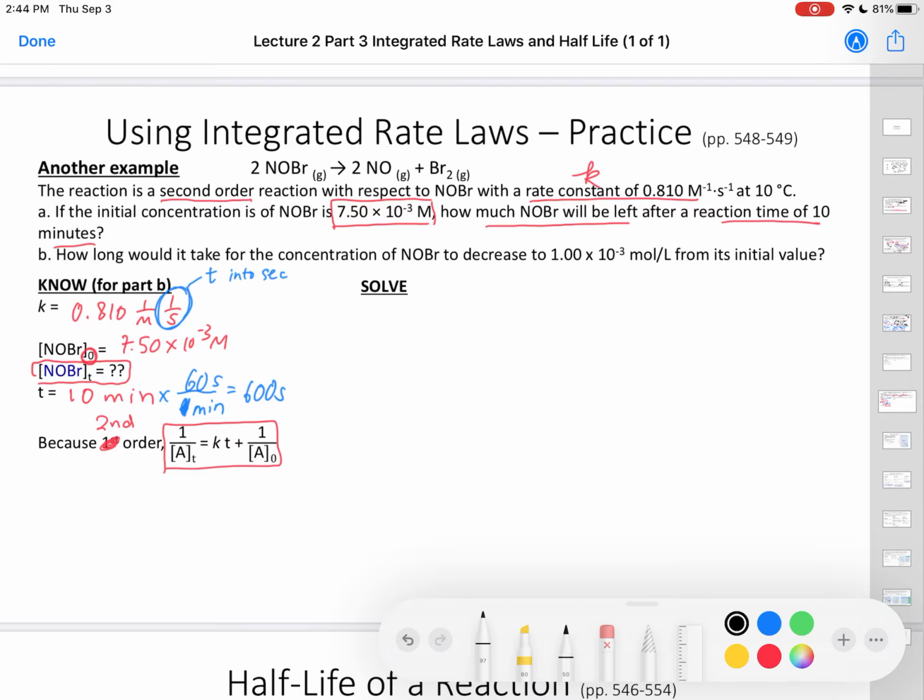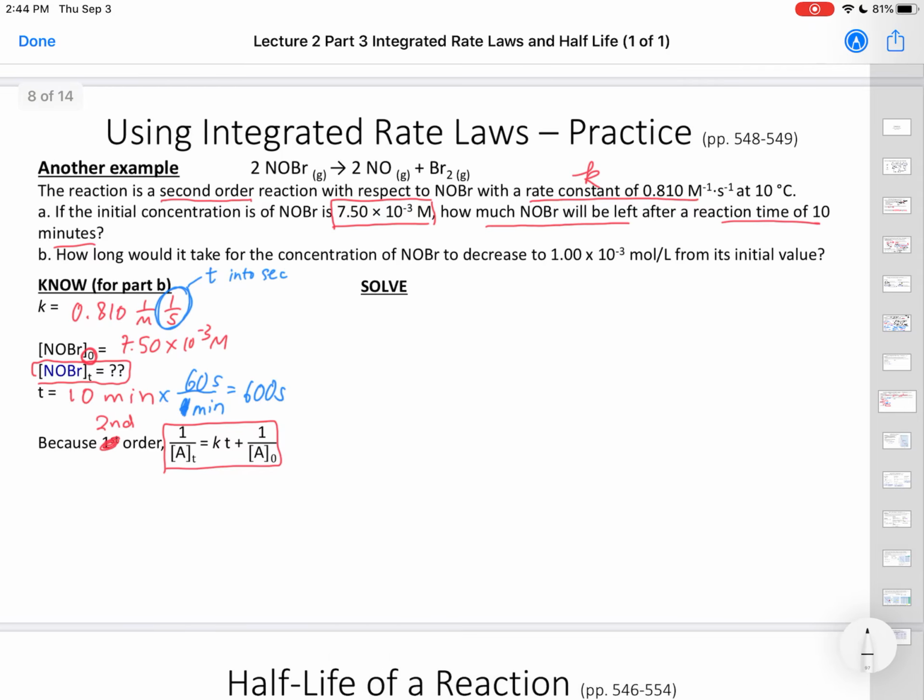Let's do it in black, because I'm used to doing it in black ink. So we're going to go 1 over NOBr at time t is equal to, and the K is 0.810, 1 over M, 1 over S. This time is 600 seconds, plus 1 over 7.50 times 10 to the minus 3 molar.